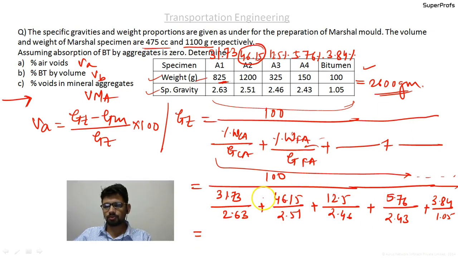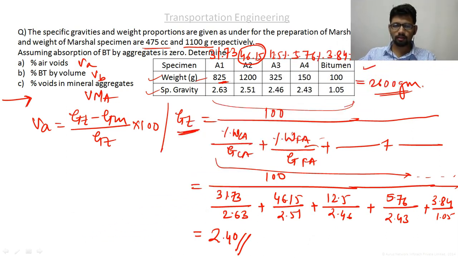The answer that you get is 2.40. 2.40 is the theoretical specific gravity of the specimen. Now we will calculate the GM value.